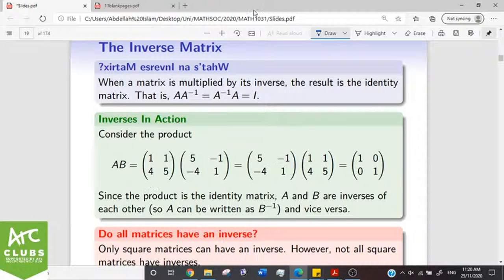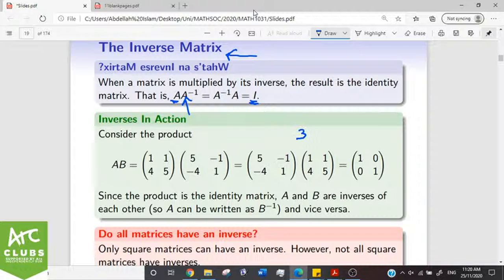So here's another important use of matrices that we're going to need, the inverse matrix. So if you have a matrix A, it can sometimes have something called an inverse, meaning some matrix that, when we multiply it by A, we get the identity out. So this is kind of like with normal numbers.